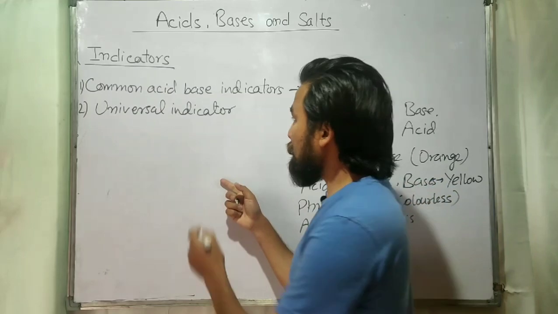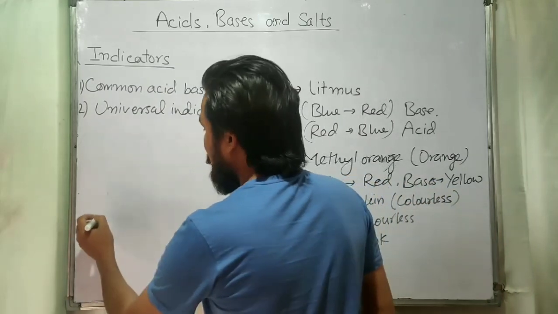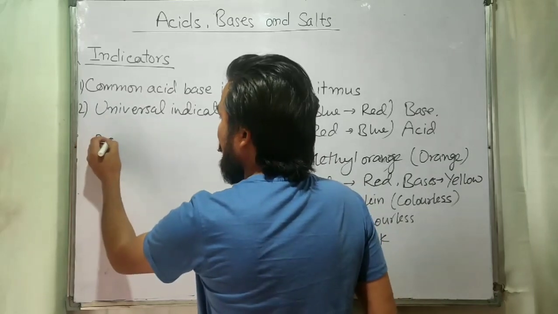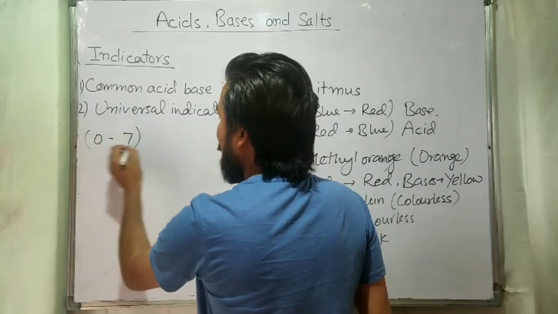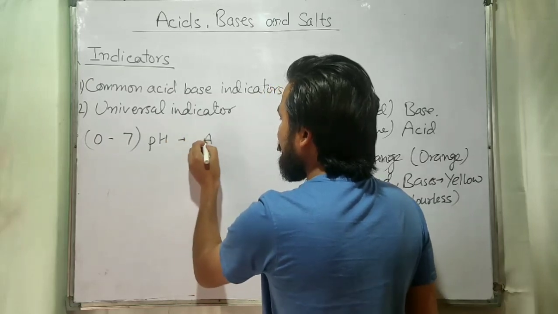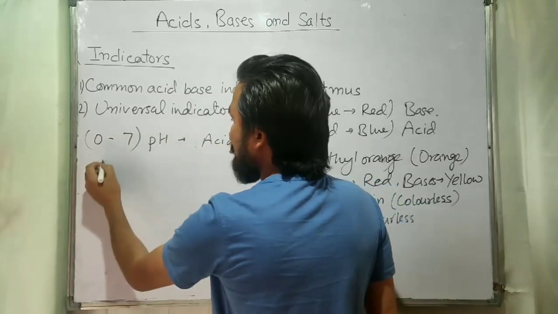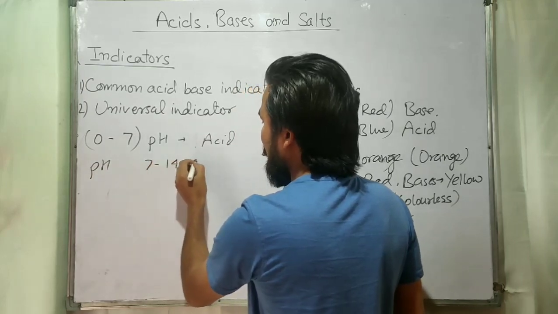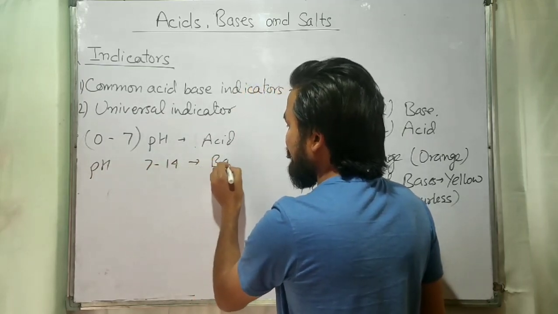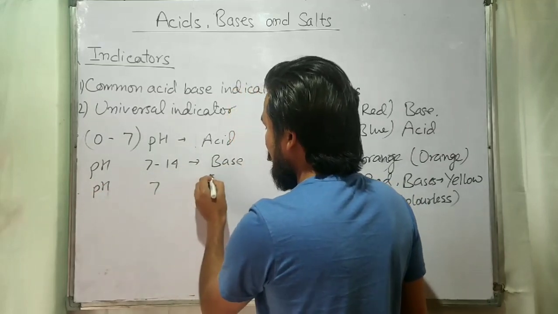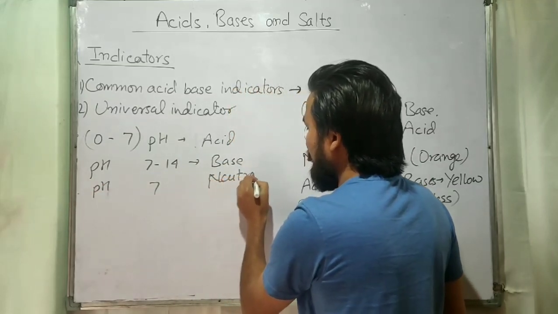How? Let's see. As we know, the pH of acid is 0 to 7, these substances are acid. If pH is 7 to 14, the substance is base, but if pH is 7, the substance is neutral. You already know this.